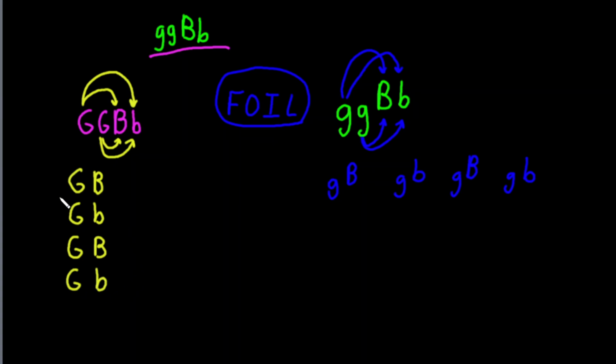All right, and so there will be our gamete possibilities. Again, these are possibilities. What happens if I get this one with this one, or this one with that one, or that one with the other one? And so that's just the possibilities of what could happen with our gamete formation. All right, so these will go along the side, these will go along the top, and then we'll be ready to fill in our Punnett square.